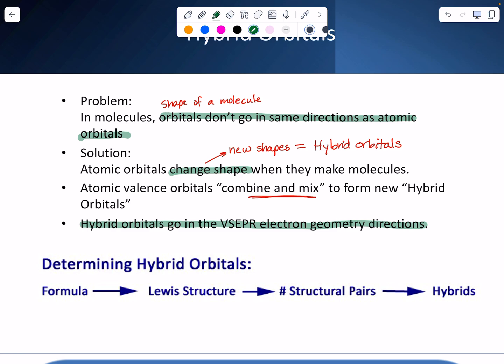So we're just going to say the new orbitals go in the shape that we know the molecule adopts. And it makes physical sense, because we have observed that that's the shape the molecule makes.